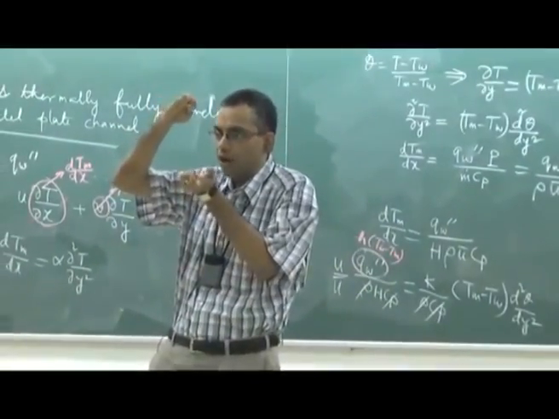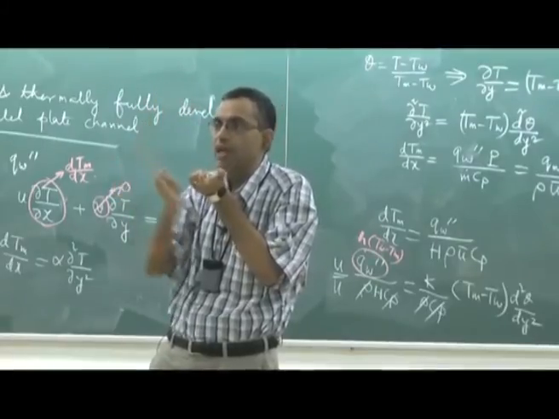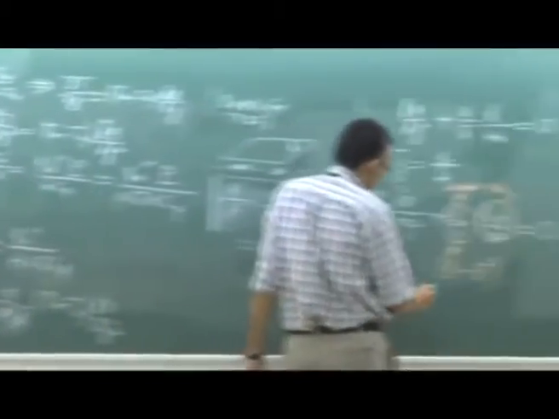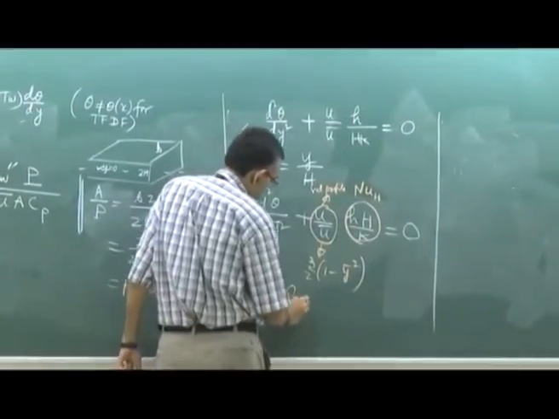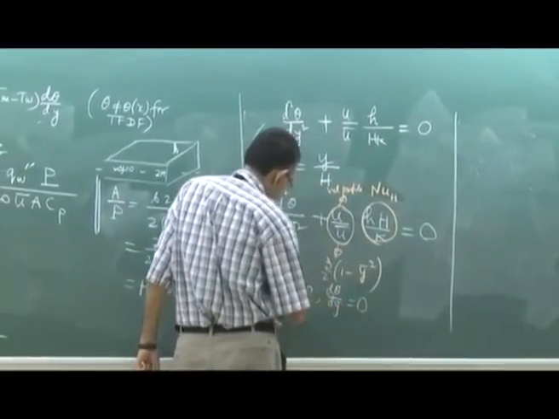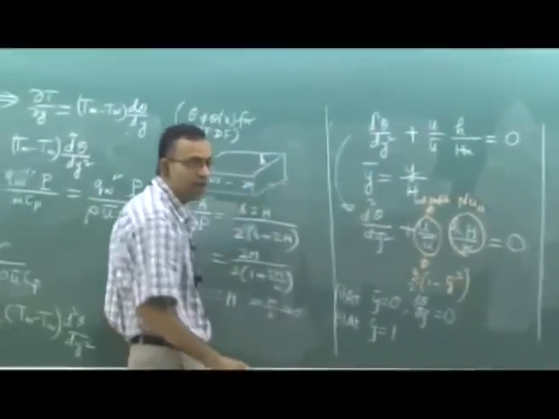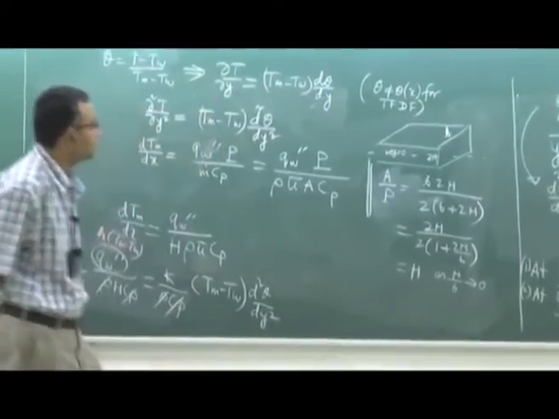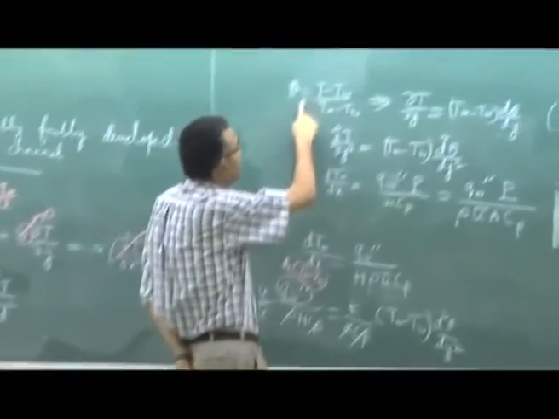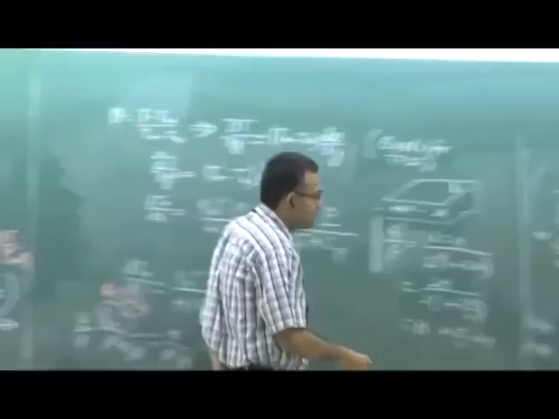Top wall and bottom wall are having symmetric boundary condition. So d theta dy equal to 0 at y equal to 0, it is the center line symmetry. And at non-dimensional y is equal to 1, that is the wall. What is theta? Remember the definition of theta, t minus t wall by tm minus t wall. So theta is 0.